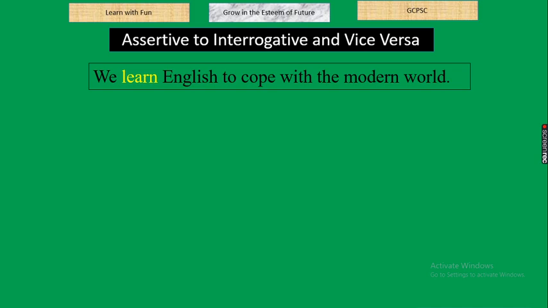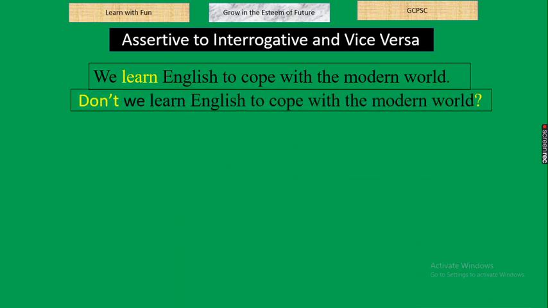We learn English to cope with the modern world. This is an affirmative sentence. Here, learn is verb 1. The rule is: if there is only verb 1, at the beginning we will take don't.